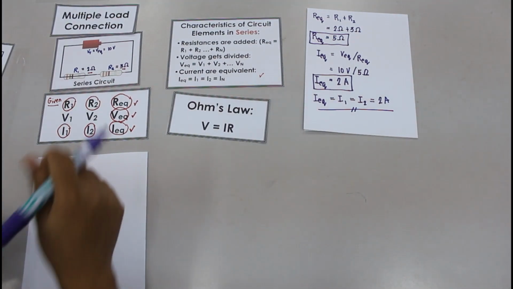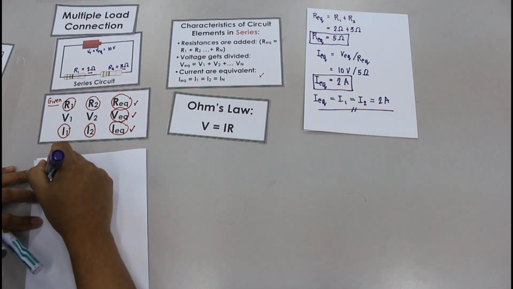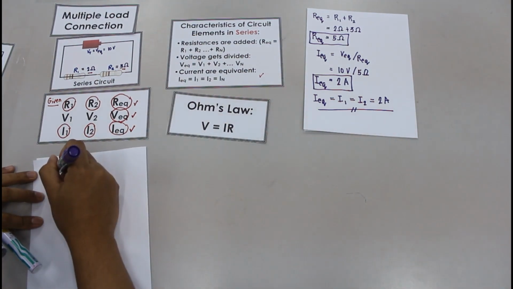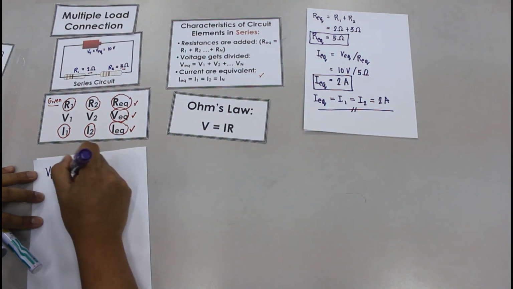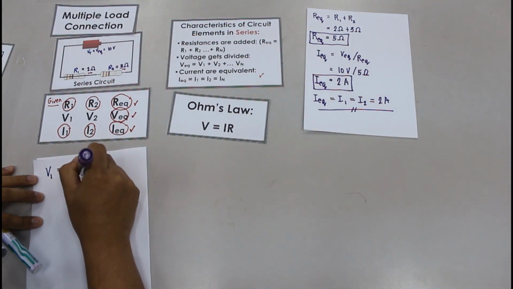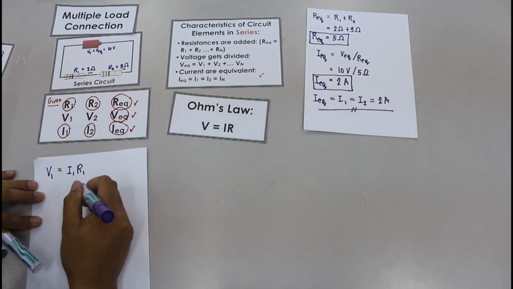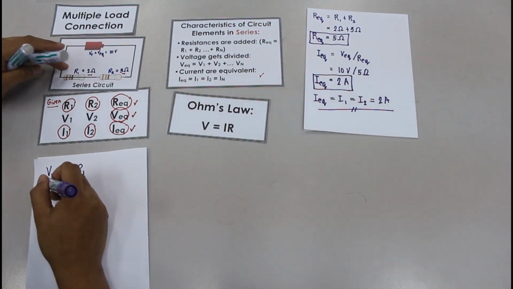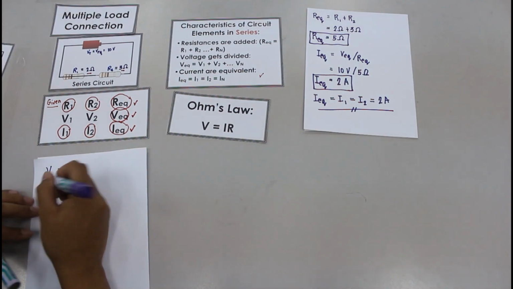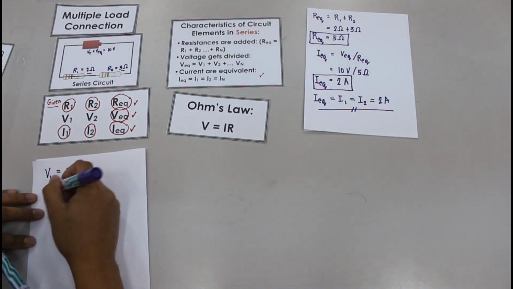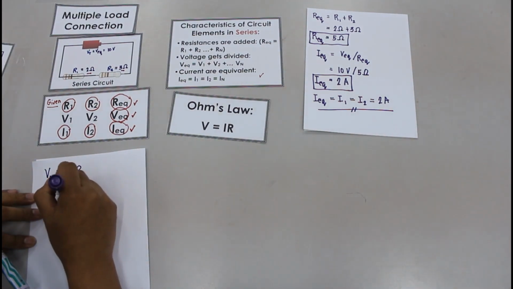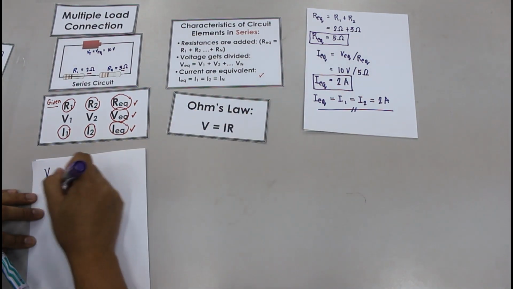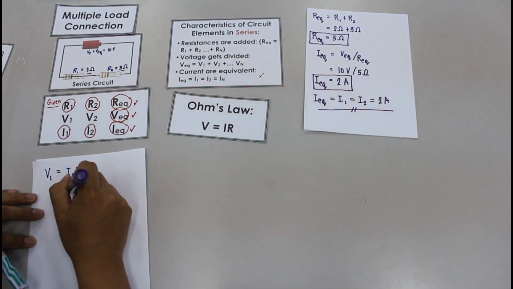In order for us to solve V1, we once again use our Ohm's law equation, V1 equals I1 R1. We note that the subscripts are the same, to refer to the first circuit element here, R sub 1. We simply substitute the values I1, which we have already calculated, 2 amperes.